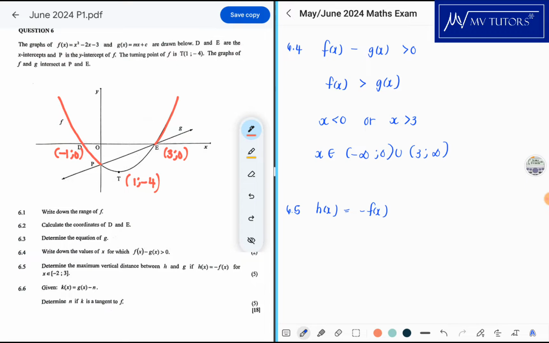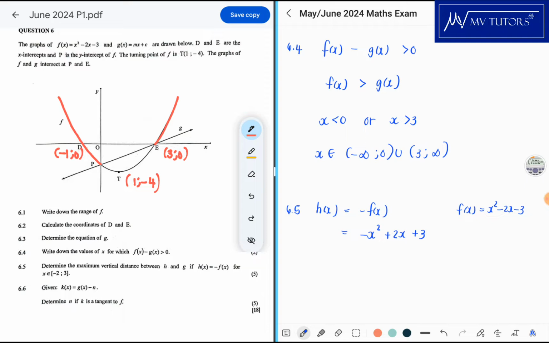So basically looking at the x values from negative 2 to 3. They've given us the domain. So if h of x is negative f of x, I will then have negative x squared plus 2x plus 3. Remember, f of x is x squared minus 2x minus 3. So now we're applying a negative to it.